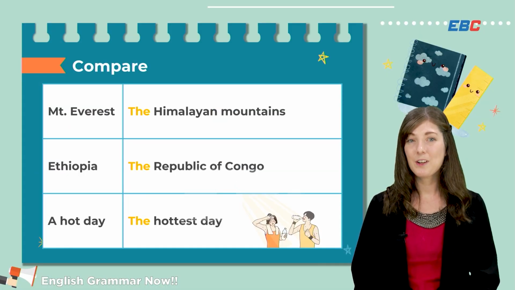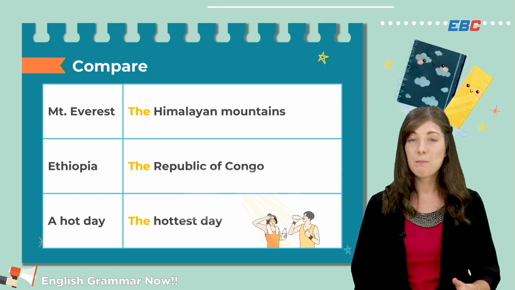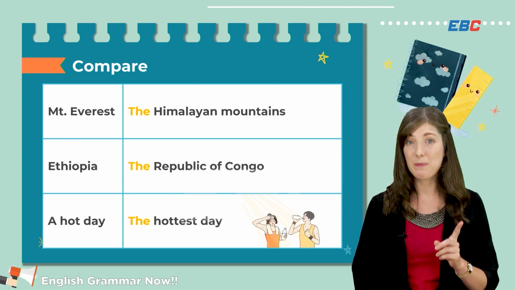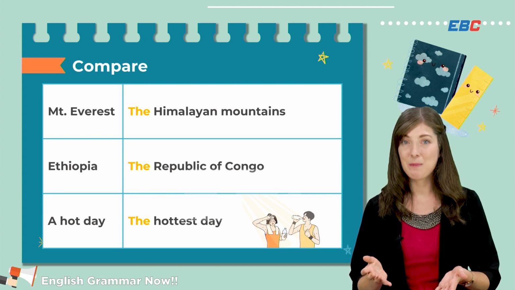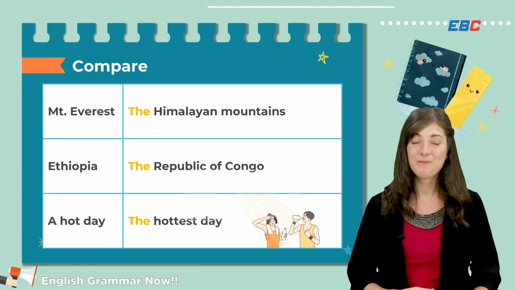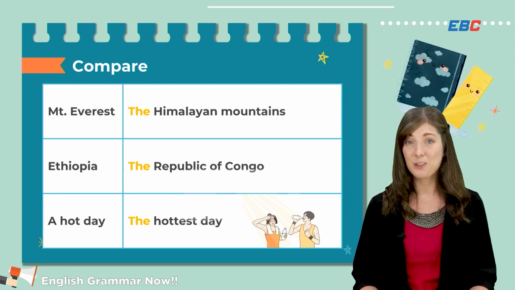You can compare here. For example, we would not say the Mount Everest because it's only one mountain, but a group of mountains, like the Himalayan mountains, needs the article. A country that has a name, like Ethiopia, doesn't need any article.